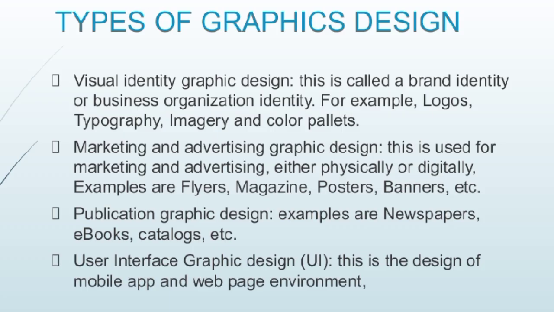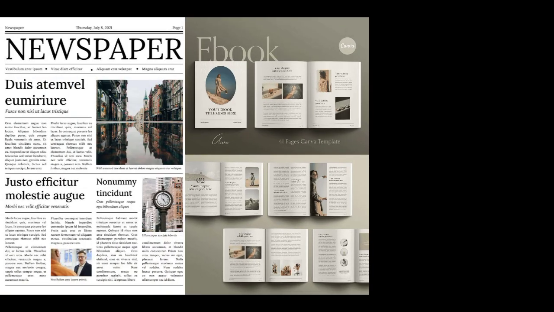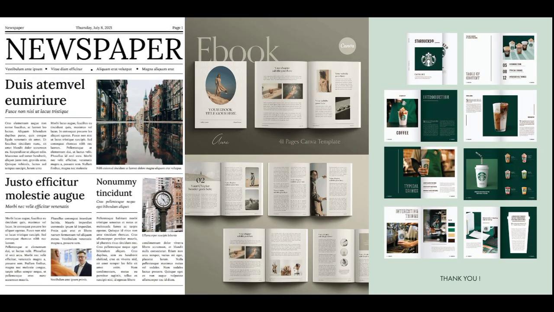We have physical flyers, we have digital flyers. Most digital flyers we use on social media, while physical flyers we print and share around, more like a pamphlet or something. Another category or type of graphic design is publication graphics design. This particular category concentrates on newspapers, ebooks, and catalogs.